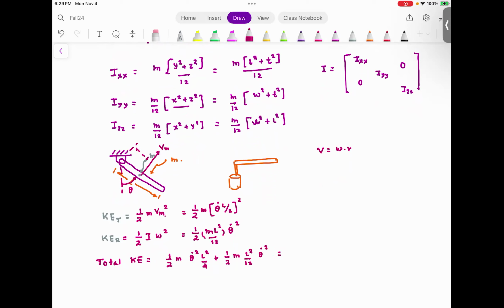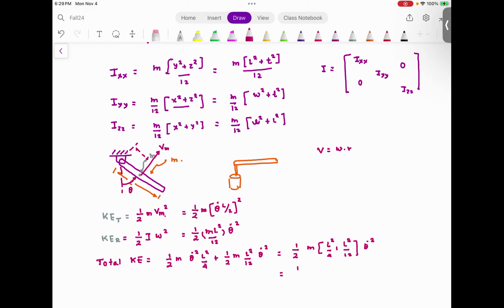This expression can be rewritten as 1/2 m (L square by 4 plus L square by 12) theta dot square.